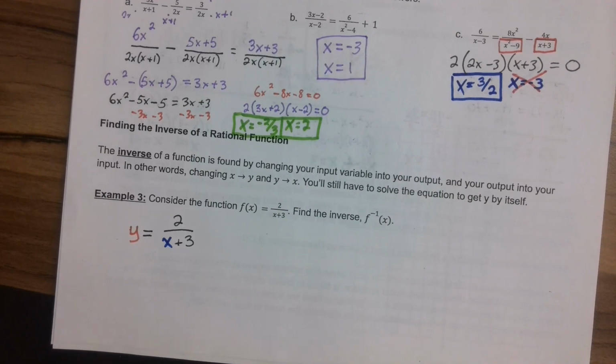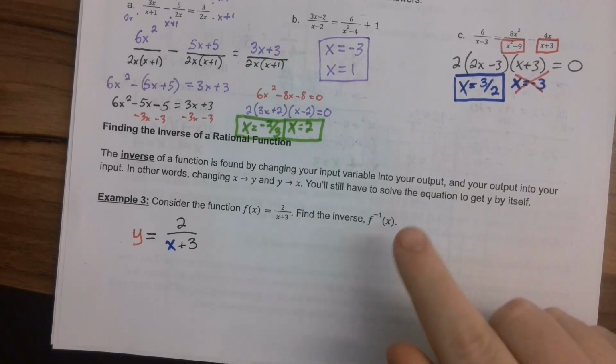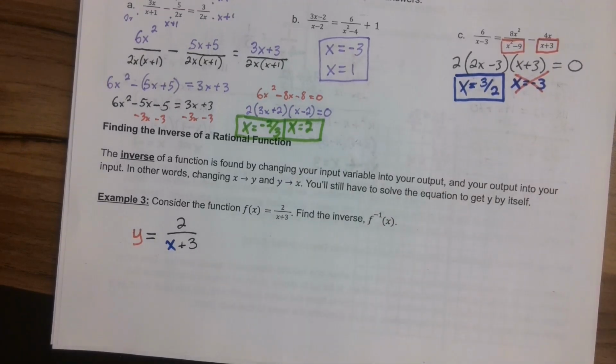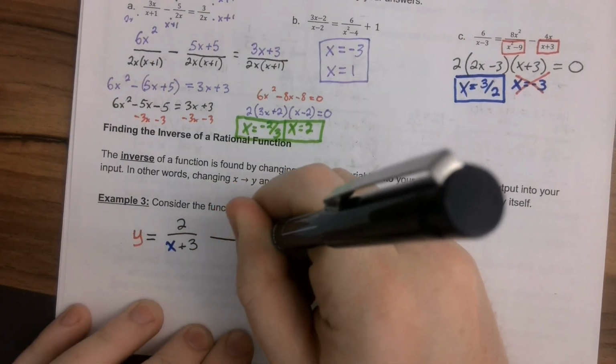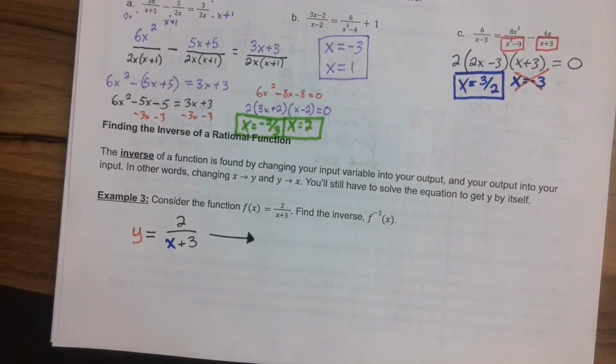The inverse function uses this funky notation, f to the negative 1 power of x. It's a weird notation, but it works. To find the inverse, what we are going to do is change our y's into x's and our x's into y's.